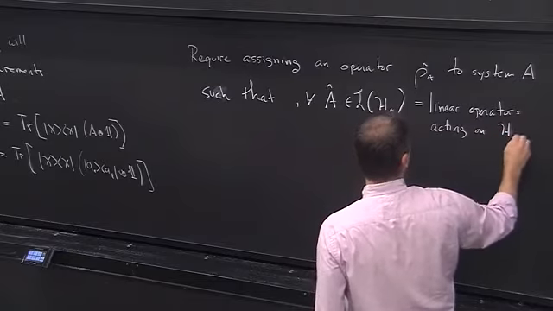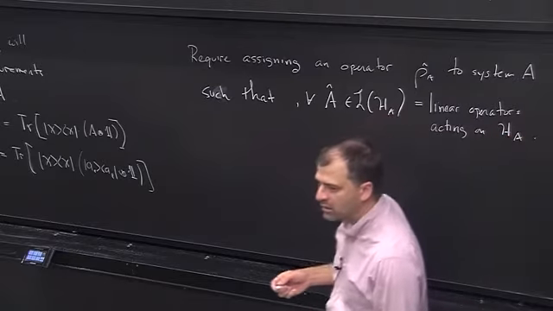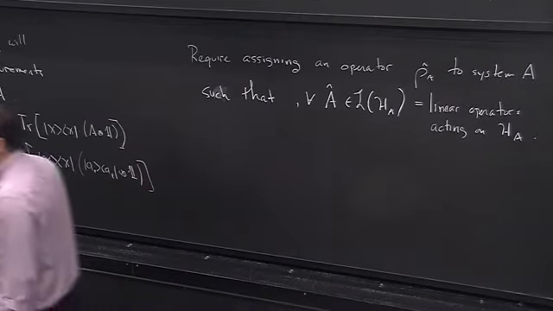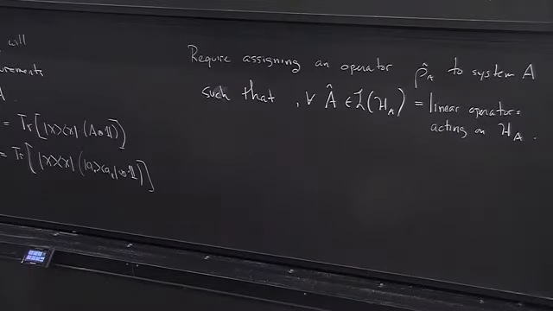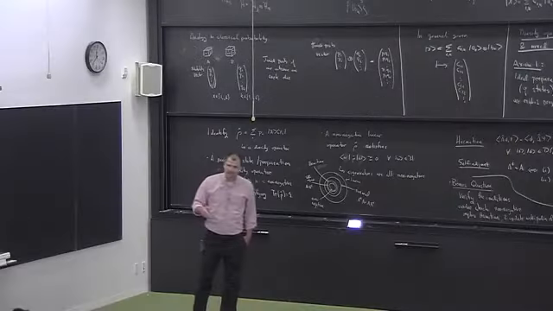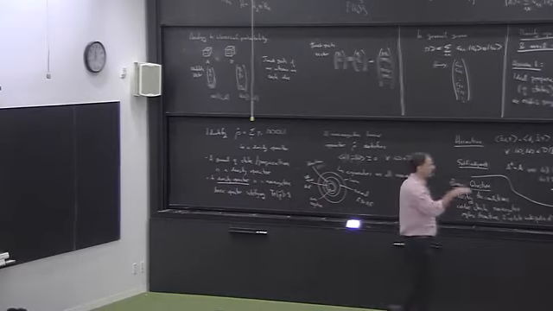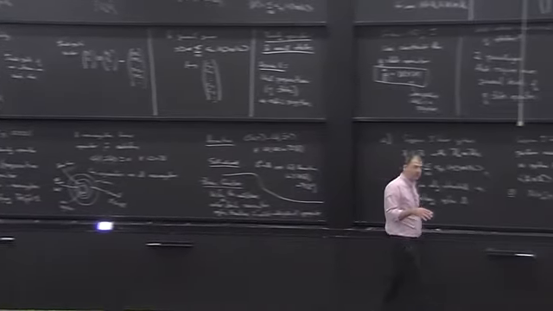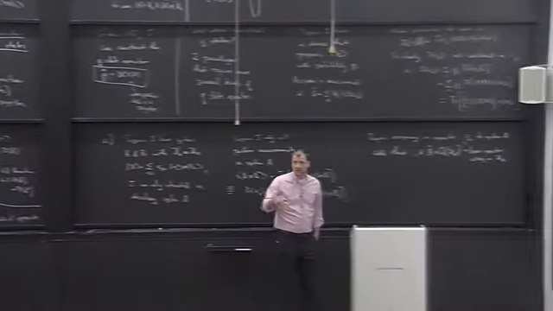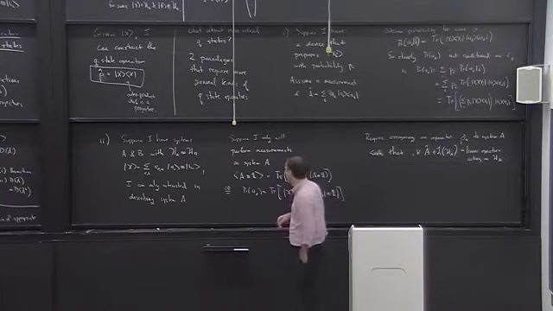One of the conceptual things you have to get used to is that most of you probably learned quantum mechanics where you think of quantum states as vectors in the Hilbert space and measurements as operators acting on the Hilbert space. But now we're going to use a formalism in which the states themselves are linear operators acting on the Hilbert space, right?